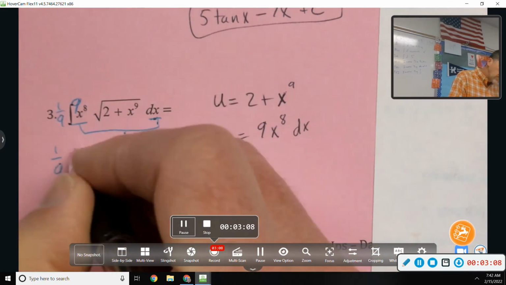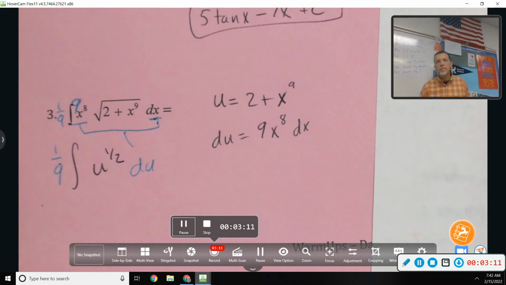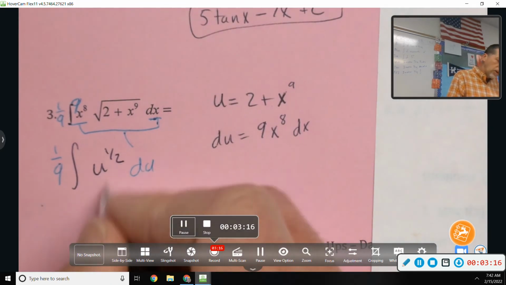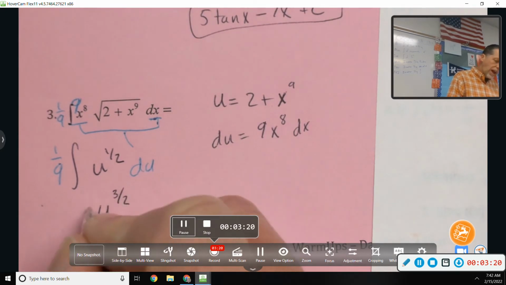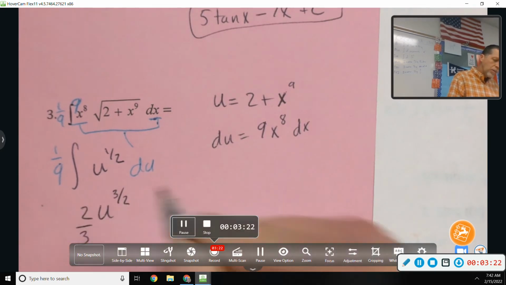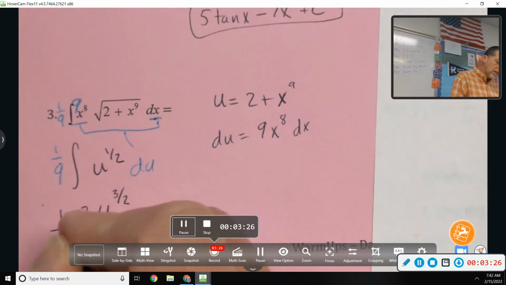So we got 1/9 u to the 1/2 du. And let's see, so increase the power by 1, divide by 3/2, or multiply by 2/3. Don't forget the 1/9 that's still out there.